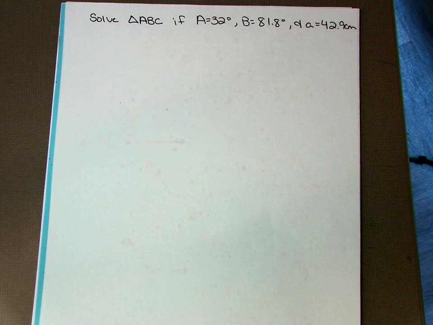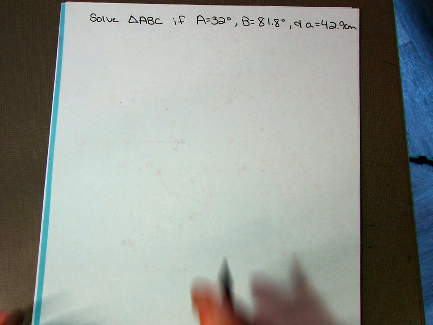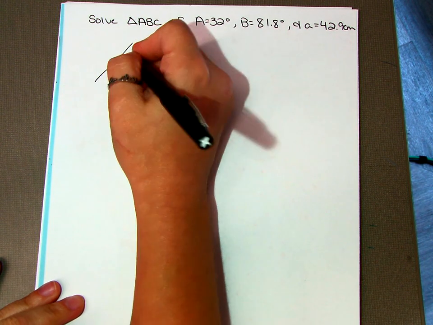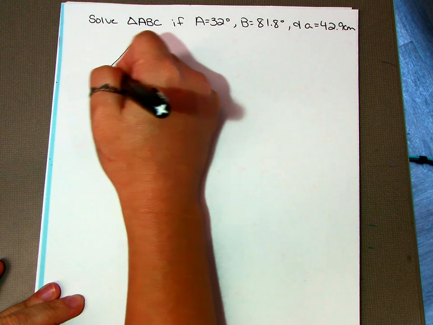If you are a visual person, you are more than welcome to draw these. You are not required to draw these, or at least most of them you won't need to draw in order to do them. But sometimes it's nice to have a labeled picture to get going with on this stuff.